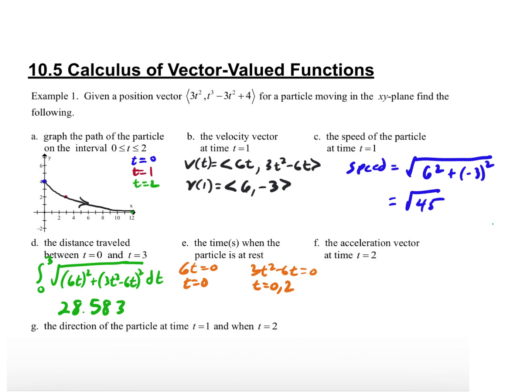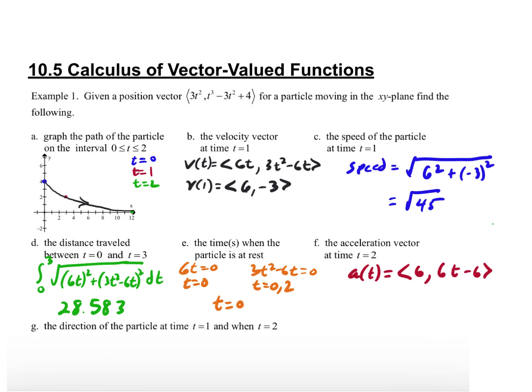But the trick is they both have to be 0. So at time 2, x is not equal to 0. So the only time when it is at rest is when t equals 0, because they both have to be 0. And if there's never a time when both of them equal 0, then the thing is never at rest.